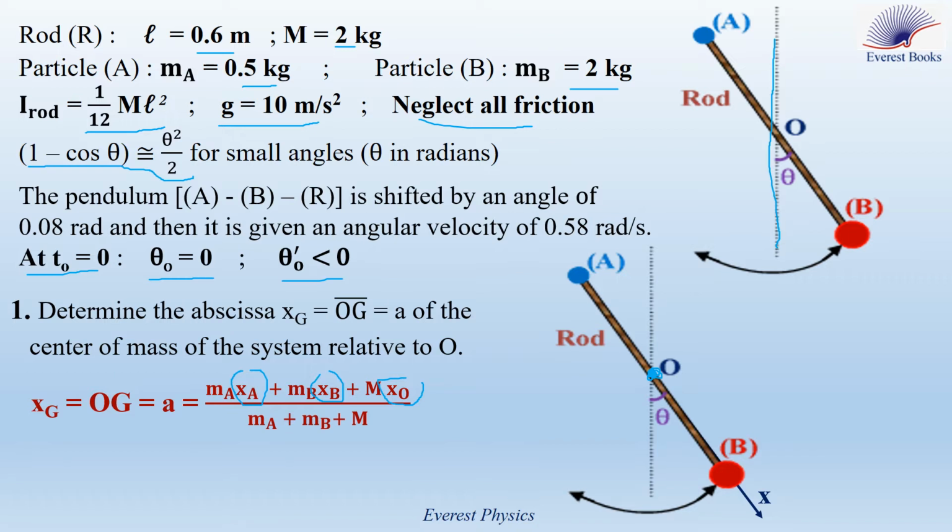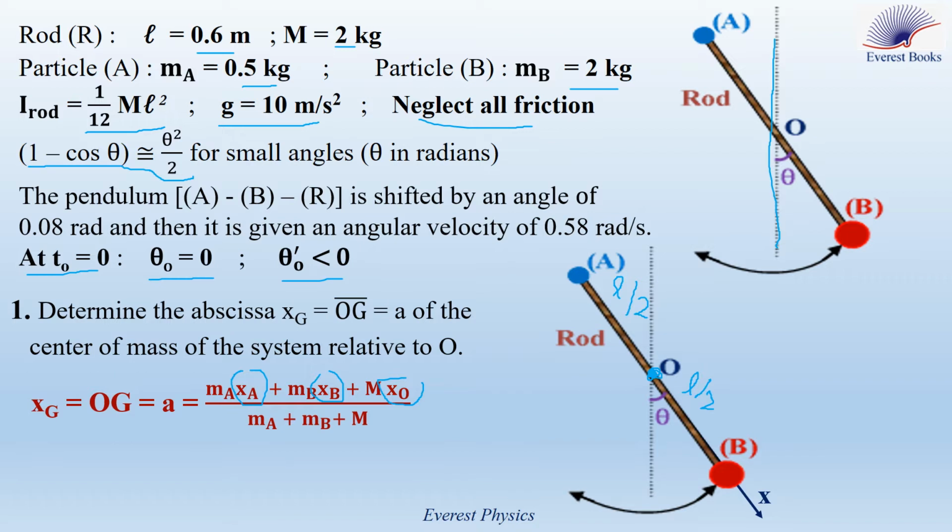Now, what are their values? A is on the end of the rod, so the distance between A and O is L over 2. Similarly, the distance between B and O is also L over 2.